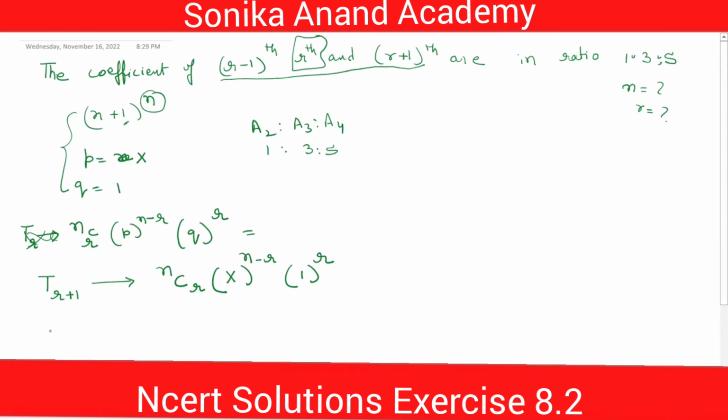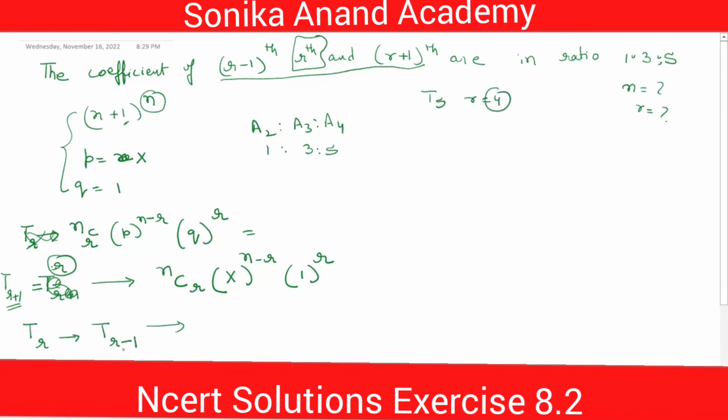Now, if we go for Tr, it is Tr minus 1, one term lesser. If we have to find T5, we take r = 4, one term less.